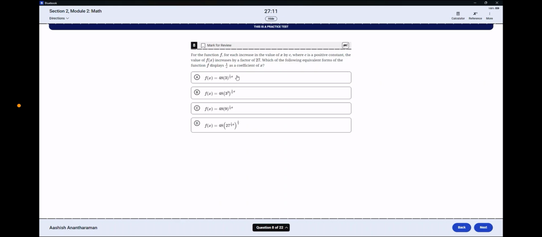If you increase x by 2, so 1 half x, and you compare 1 half x and 1 half x plus 2, you're increasing the exponent by 1 in this case. And that won't multiply by a factor of 27. So a is out.